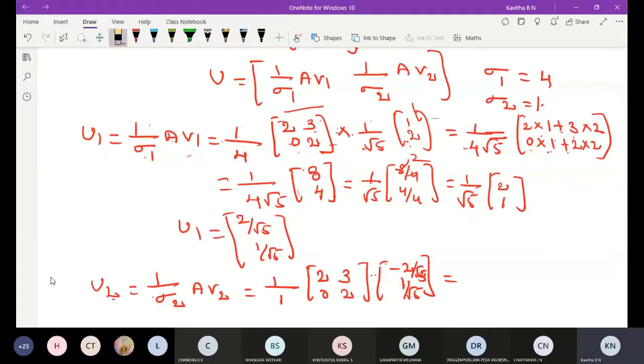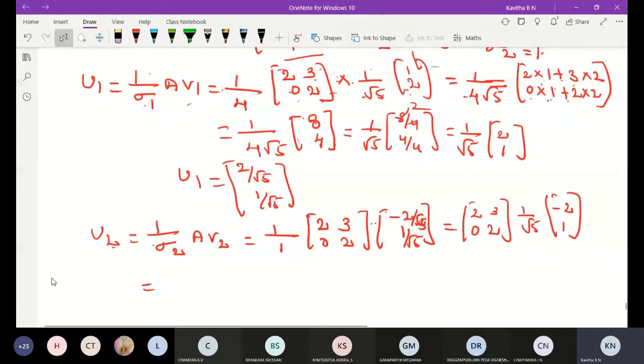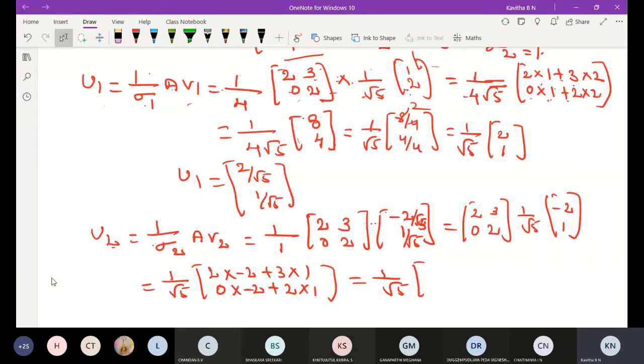Then 2 3 0 2, and 1 by root 5 taken common, times minus 2 and 1. Okay, here 1 by root 5, 2 into minus 2 plus 3 into 1, 0 into minus 2 plus 2 into 1. What will we get here?